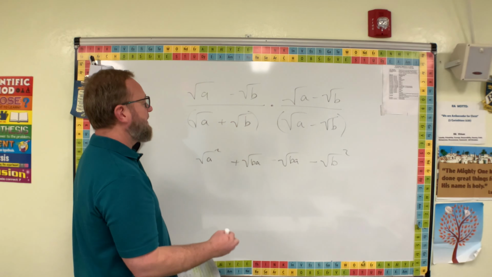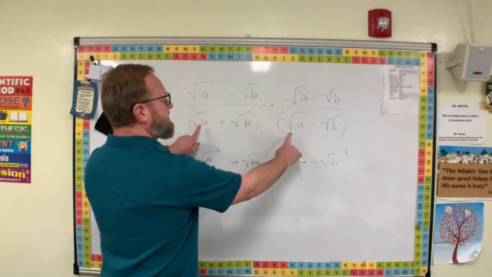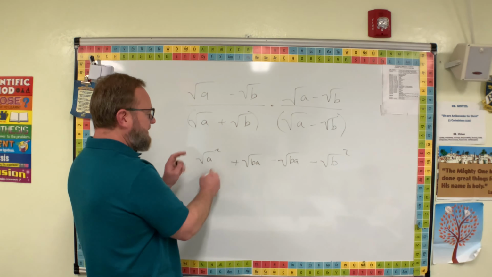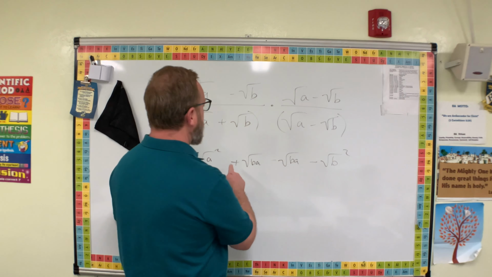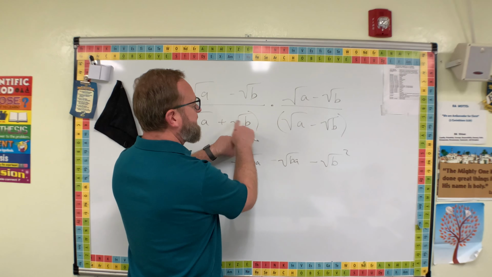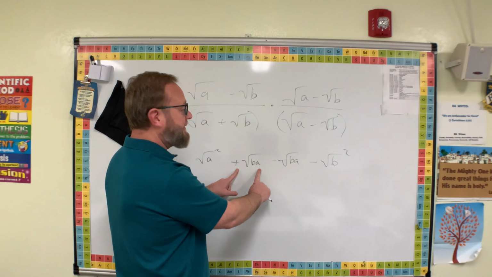Does that make sense? Let's go through the steps to make sure this looks like it makes sense. So square root of A times square root of A, square root of A squared. Okay. I understand this is A, but just for purposes of following the logic here. Next, square root of B times square root of A is BA, like that.